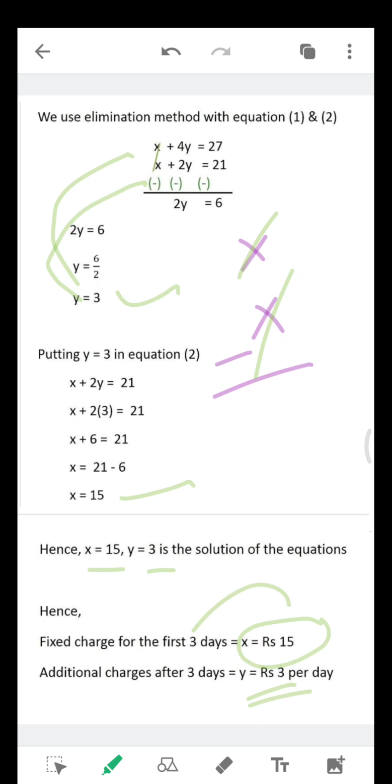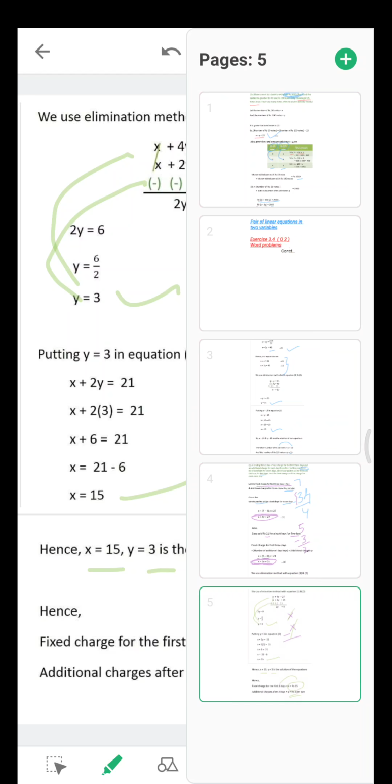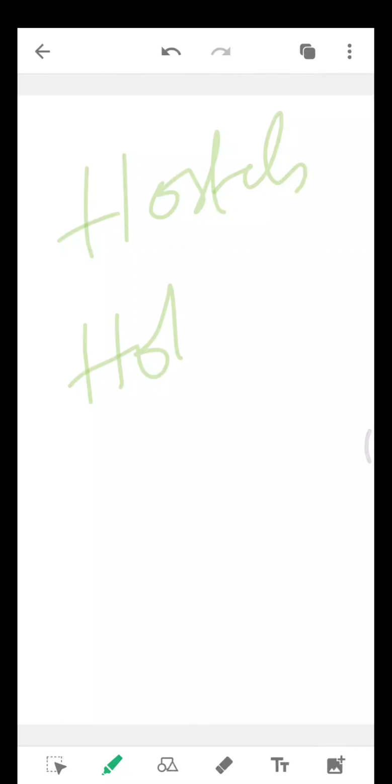This type of thing you can observe in hostels, or if you are staying in a hotel, you'll have a fixed charge and additional charges, a fixed charge for 24 hours, then additional charges thereafter. It will be there for parking.